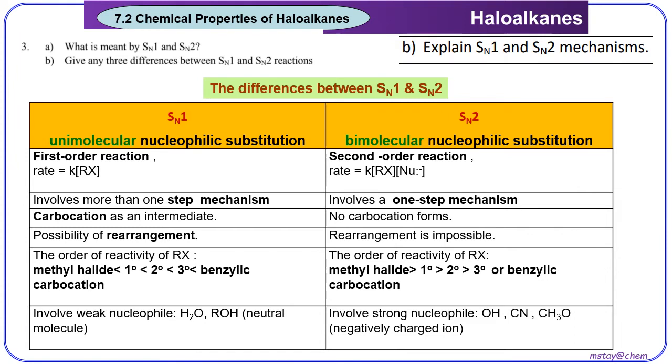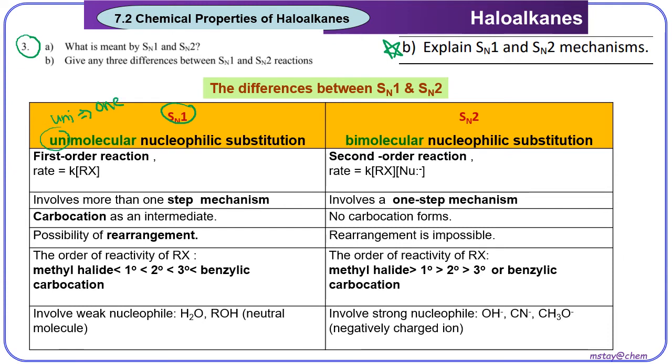At the same time, we answer tutorial question number 3 and also fulfill the learning objective, explain SN1 and SN2. What is meant by SN1? Basically, it means unimolecular nucleophilic substitution, where uni means one.